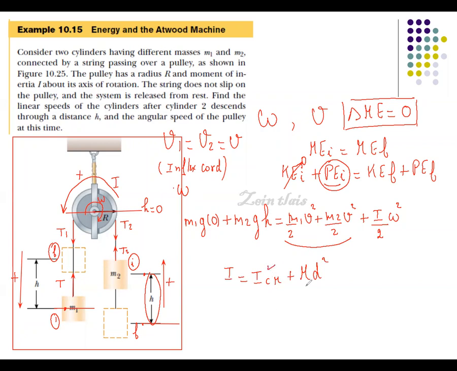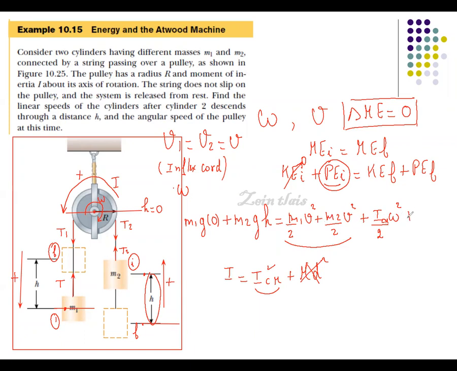ICM is given, and D is the distance between the axis X and the center of mass, equal to 0. So we have only ICM. We can say directly ICM. Okay, this is about the kinetic energy.